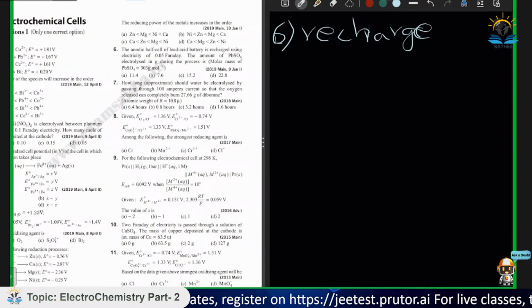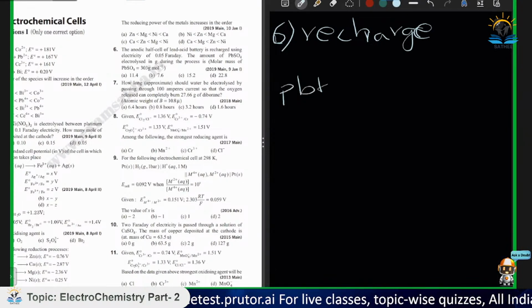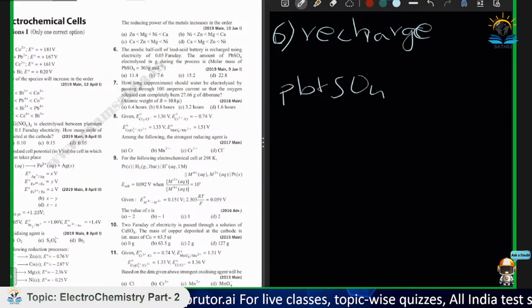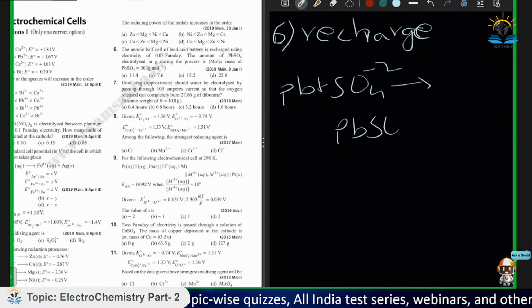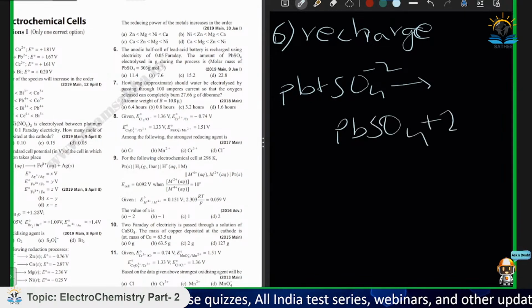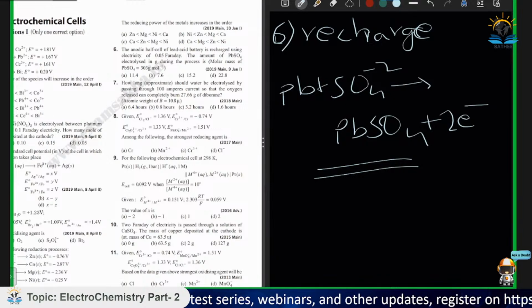During discharge, for plus 2, this is the formation of PbSO4 reaction, not the recharge reaction as a whole.